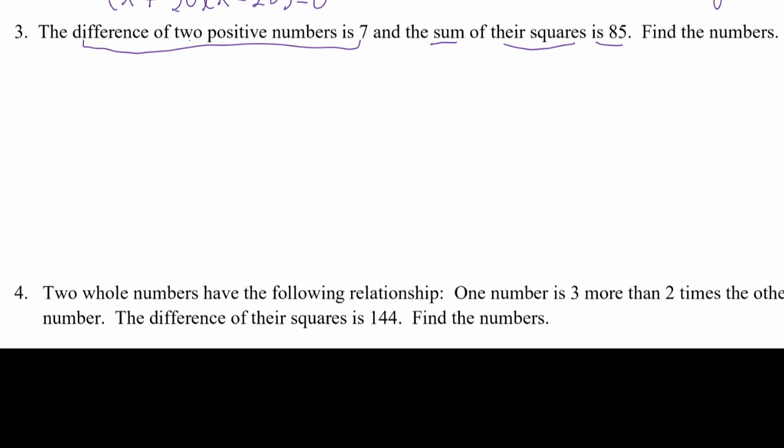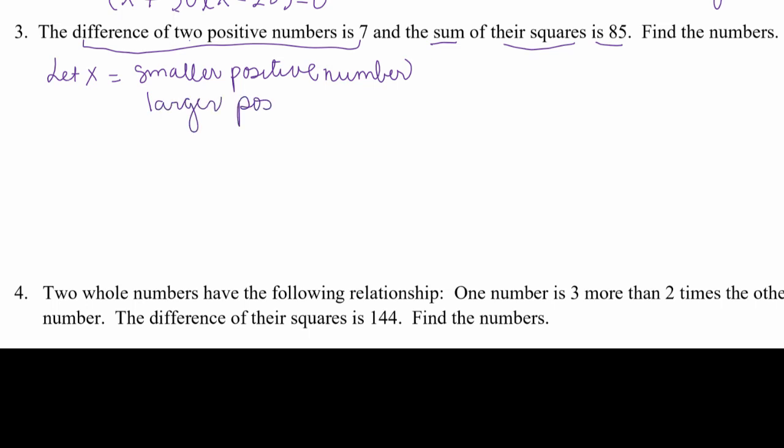Find the numbers. So let's let x be the smaller positive number. Then the fact that you know that the difference of the two numbers is 7, what does that tell you about the larger number?